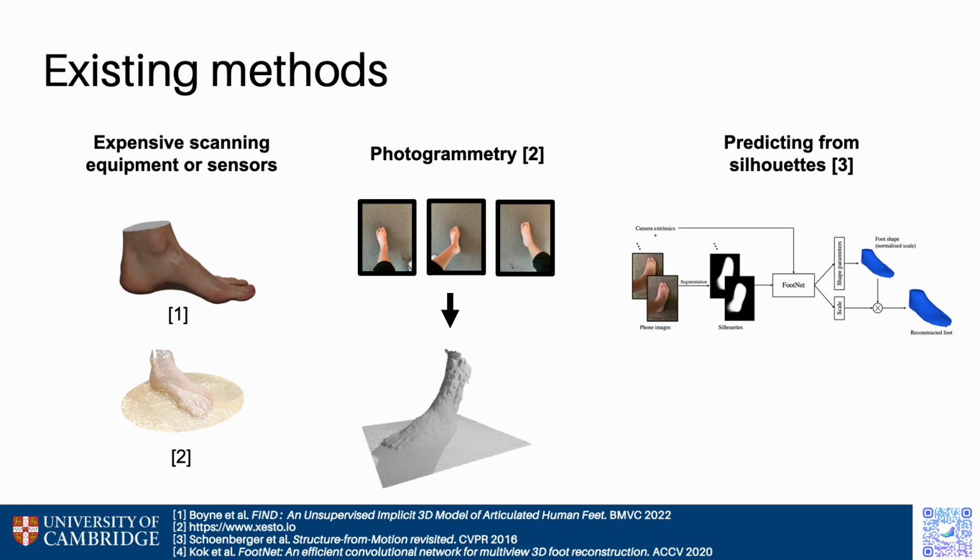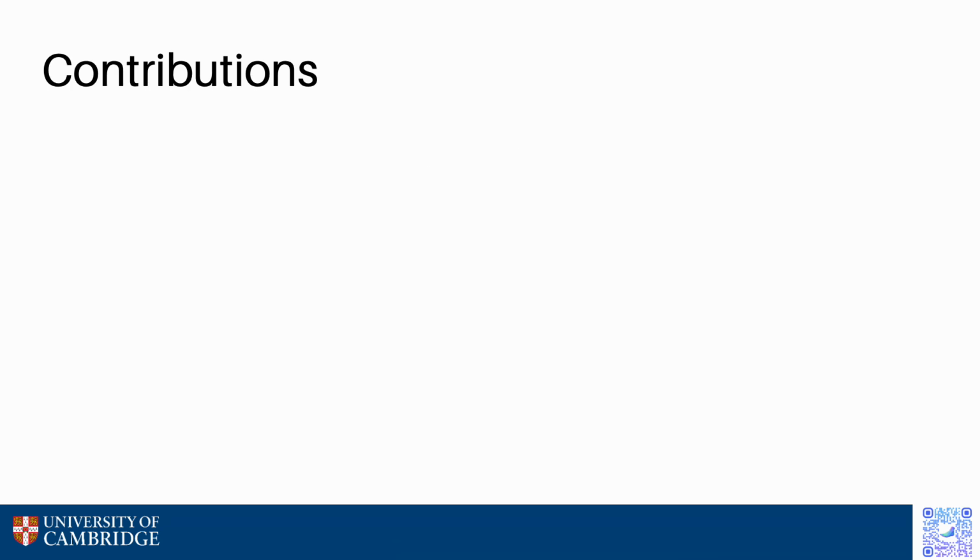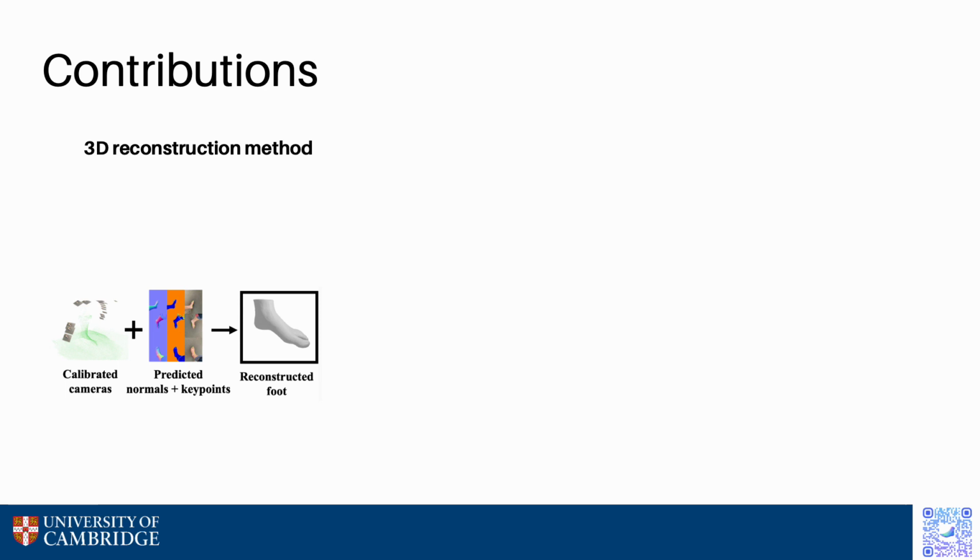Our primary contribution is a 3D reconstruction method that takes multiple calibrated images of a foot taken on a mobile phone and uses predicted surface normals, keypoints, and uncertainties to reconstruct an accurate 3D model. Our method relies on synthetic data for training.